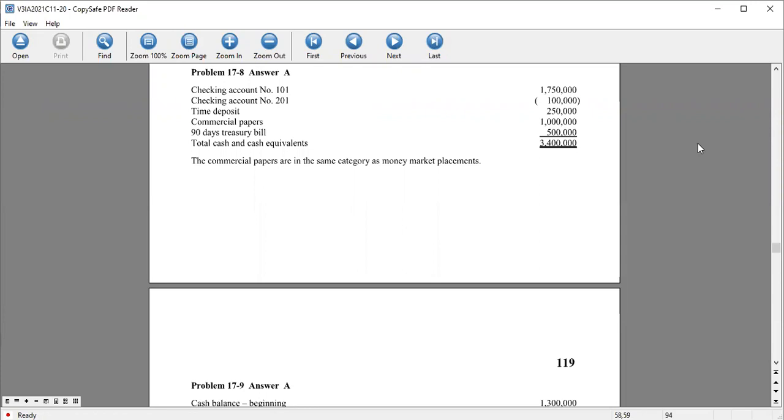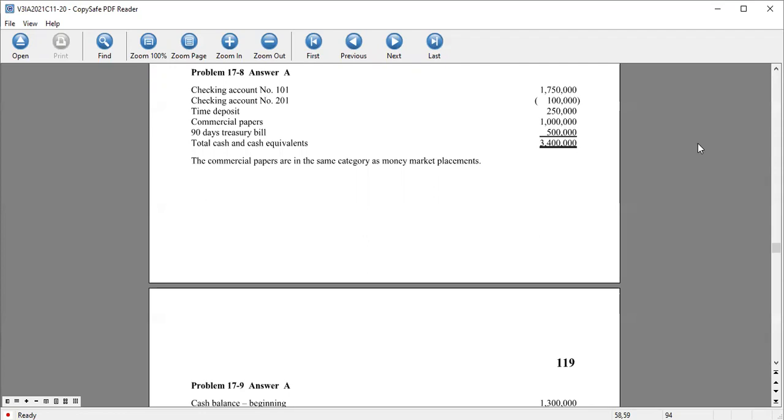However, it is for a period of 180 days, so it does not have a maturity of 3 months or less. The commercial papers are in the same category as money market placements. So we have now the total of 3.4 million.